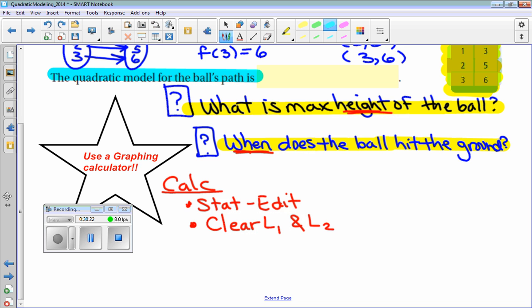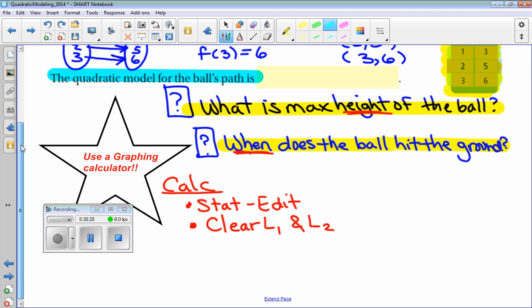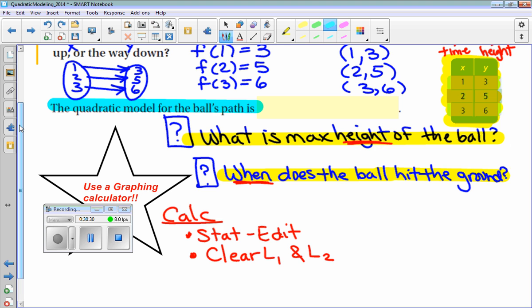You good? Okay. So now what I want us to do is type in the X values into list 1 and the Y values into list 2. So you're going to type in 1, enter, 2, enter, 3, enter. And you're going to arrow over, and type in 3, enter, 5, enter, 6, enter.